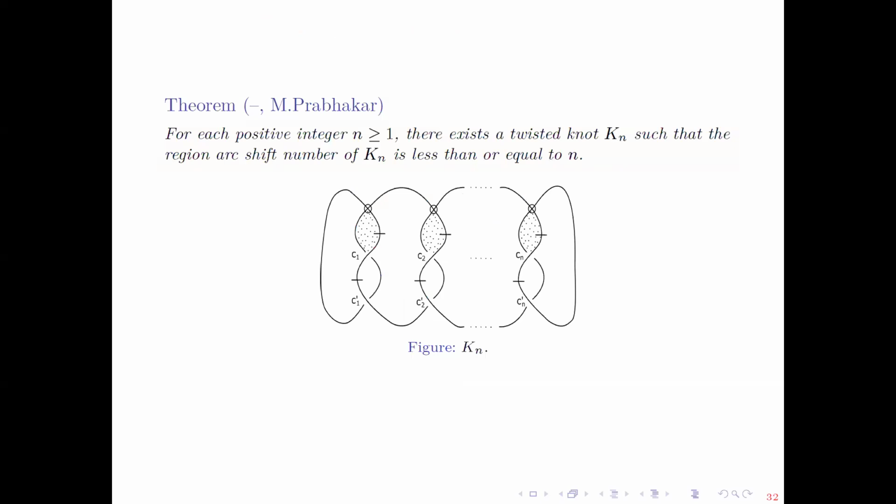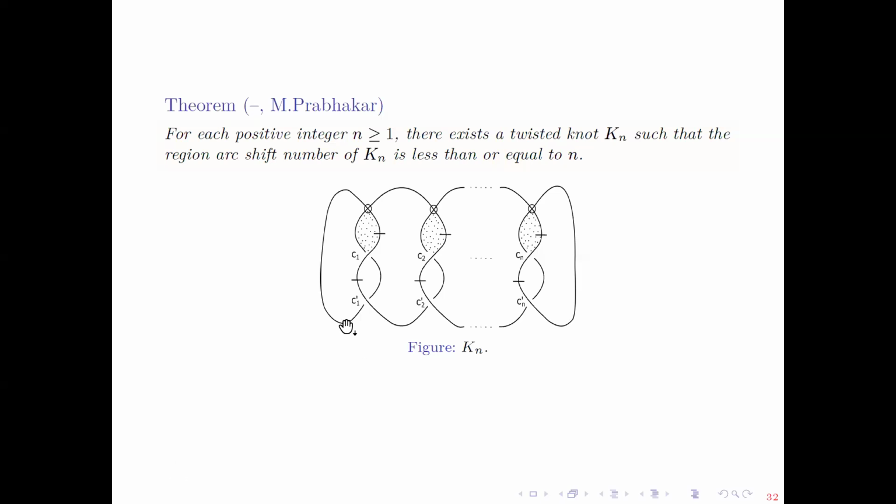Next, we tried to do the same thing to find a knot which has a region arc shift number exactly n. Because we don't have a lower bound, we can't say exactly n, but we found a diagram where applying n region arc shift moves, you get a trivial diagram.